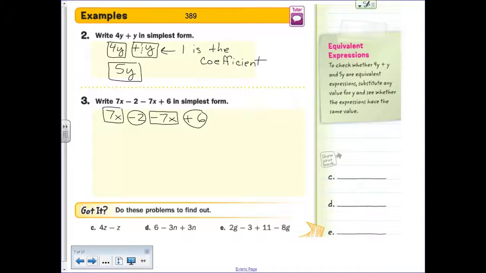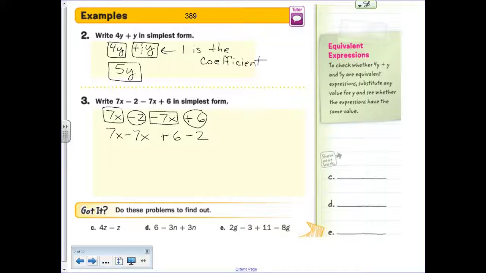So we're going to use our commutative property rule to say that we can rearrange this as 7x minus 7x and 6, positive 6, minus 2. And so we have things grouped together in an order that makes sense. 7x minus 7x would be 0.